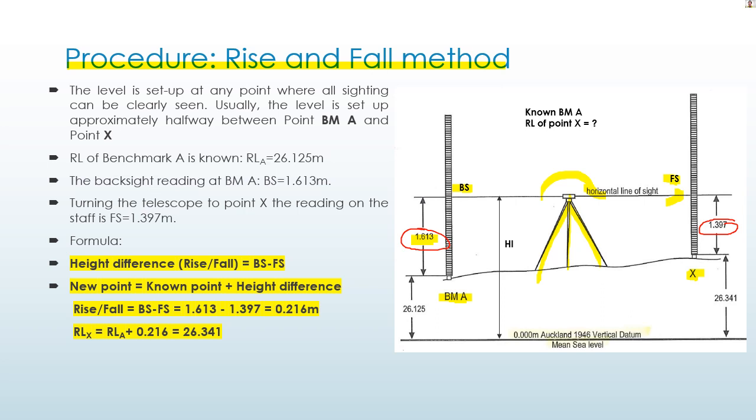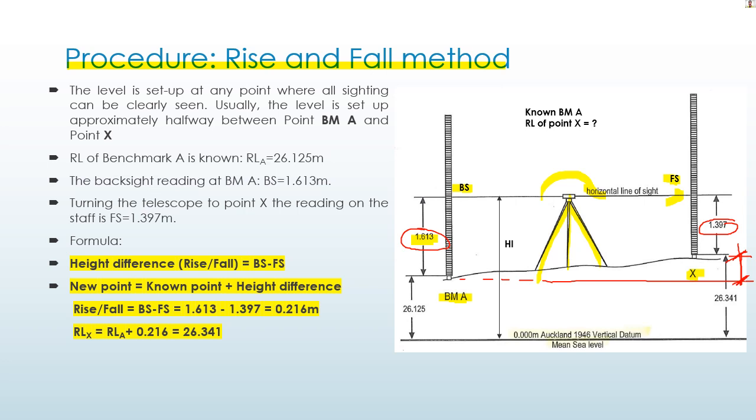The first step is to calculate the height difference between benchmark A and point X. So the height difference equals backside minus foresight. So this is the height difference in the diagram.